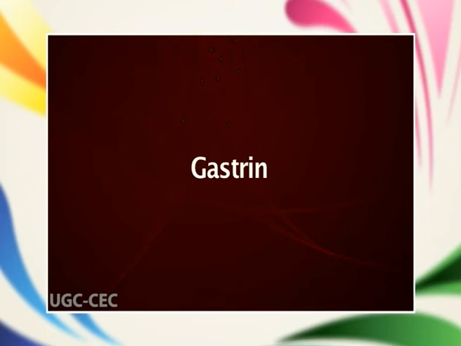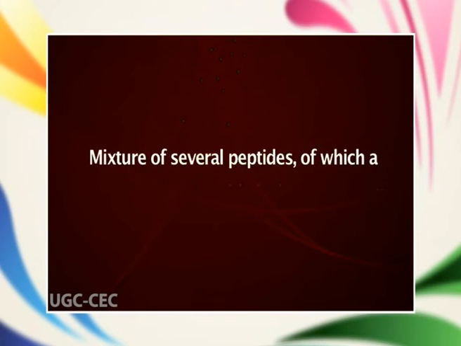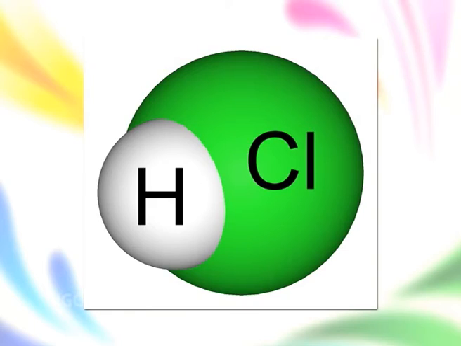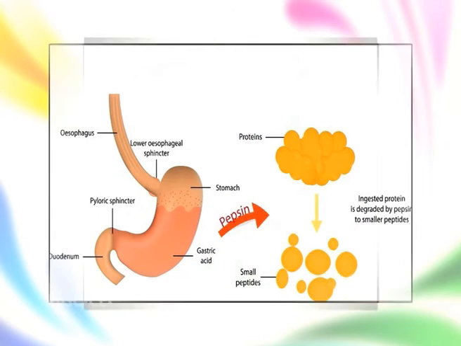Number 1, gastrin. Gastrin is secreted by G cells of the antral glands of stomach and small intestine. It is a mixture of several peptides, of which a 14 amino acid peptide is the most active. It stimulates the secretion of gastric juice, which is a mixture of hydrochloric acid and proteolytic enzyme pepsin.